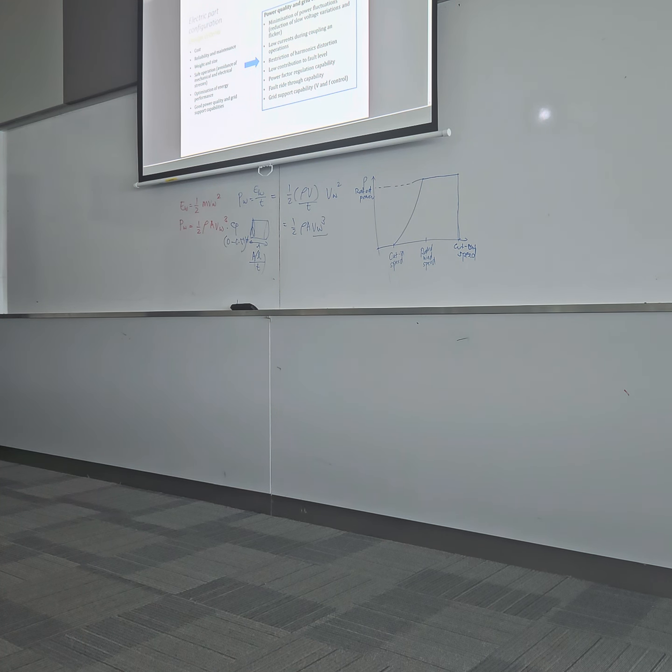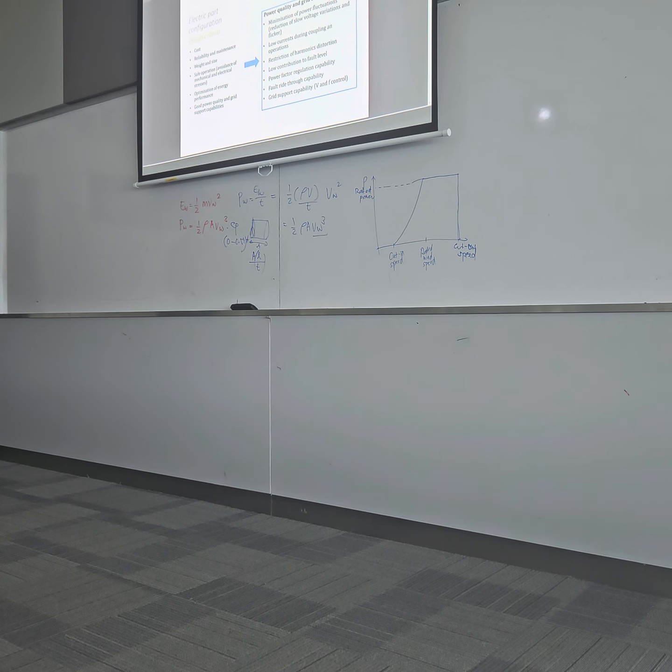However, all of this is just for selection of the electrical components. We also need to consider the power quality and the grid connection, right? How would it minimize the power fluctuations? Will it be able to provide low currents during operations? What else? We want to restrict harmonic distortion, low contribution to fault level, power factor regulation capability, fault control capability, and grid support capability.